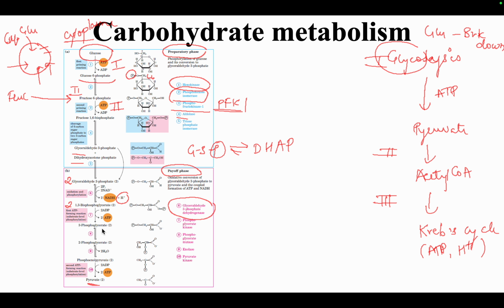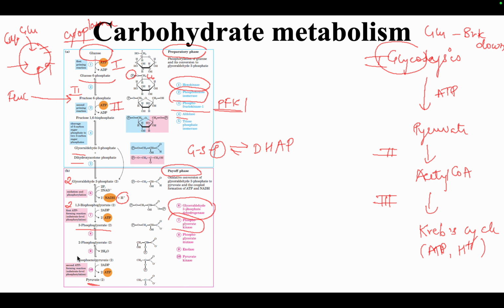Then the next step is 1,3-bisphosphoglycerate converted into 3-phosphoglycerate. Again we get 2 molecules of ATP. Whatever 2 molecules of ATP we used before, we got those 2 molecules of ATP back. This enzyme which converts is phosphoglycerate kinase.